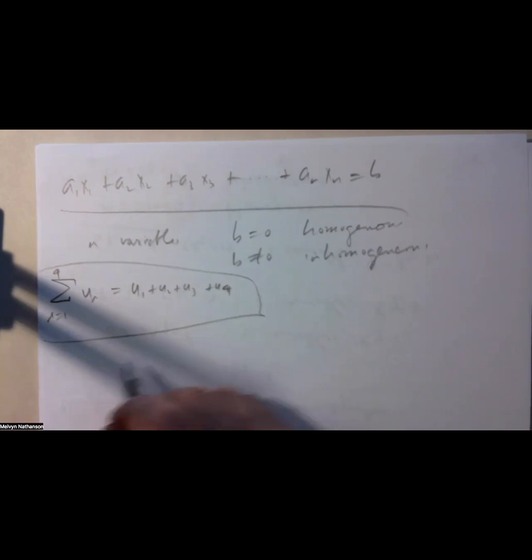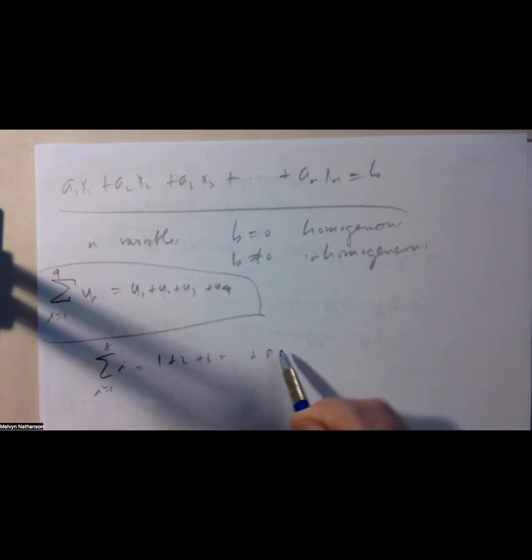So for example, summation i goes from 1 to 8, i means as i goes from 1 to 8, 1 plus 2 plus 3 up to 8, which if you add it up is 36.